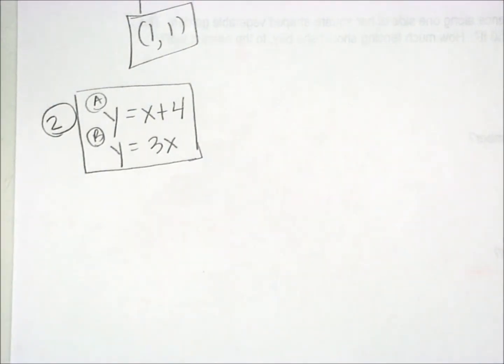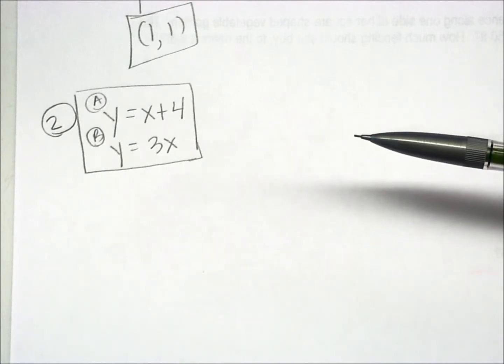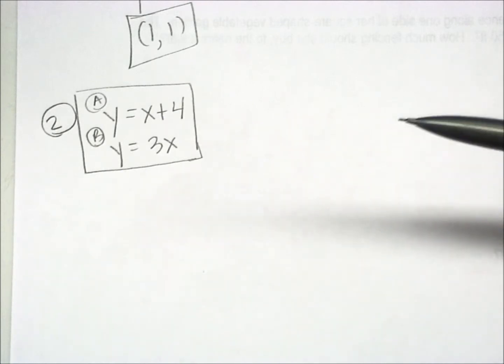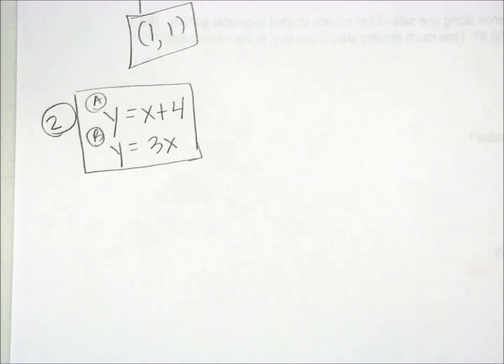Okay, so the first thing you want to do when you're working with substitution is solve one of the equations for one of the variables. Well, this is also a little simpler because both equations are already solved for the variable y. So this is very similar to the first problem.